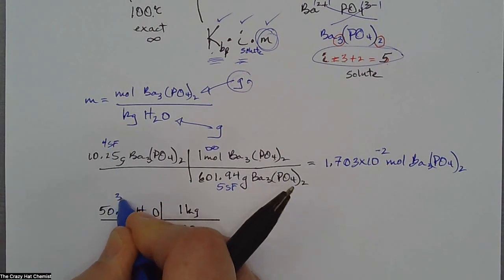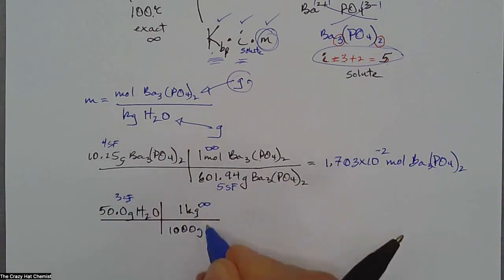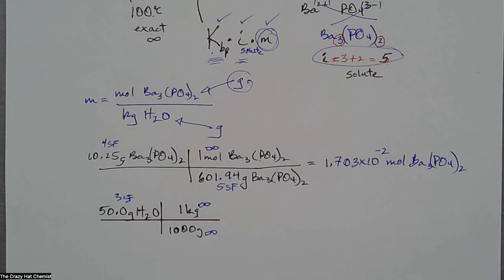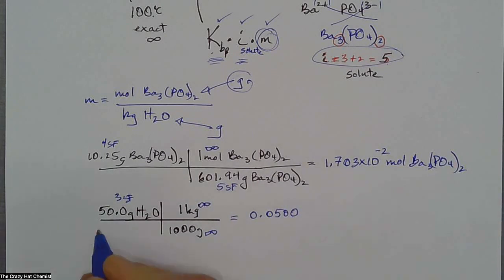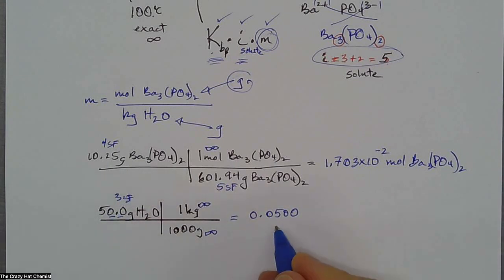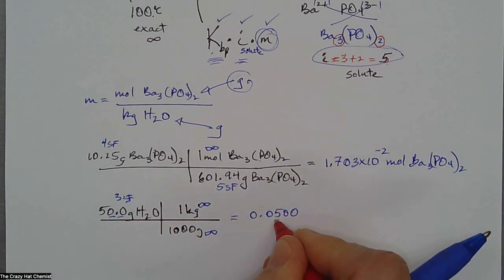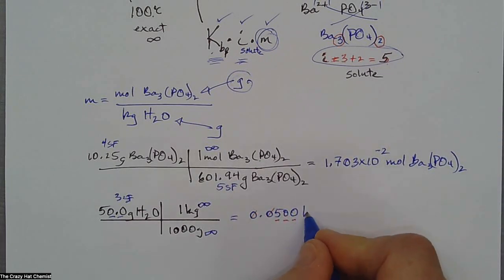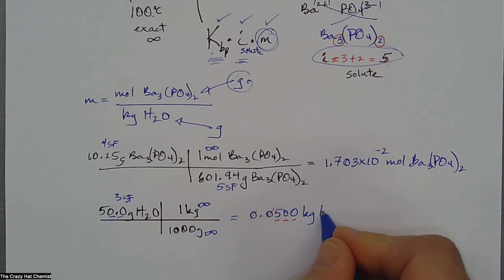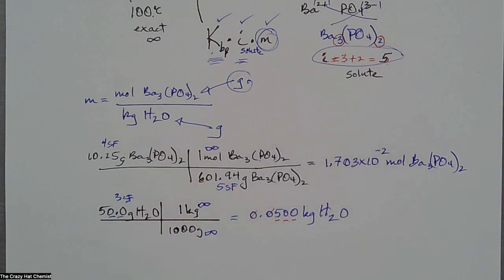This has 3 significant figures, and these are infinite, because both of these are definitions. So this is going to equal 0.0500. I'm maintaining the number of decimal places, which is actually 3 significant figures. Leading zeros don't count for significant figures. They are important for placeholders, so that's why those leading zeros are right there.